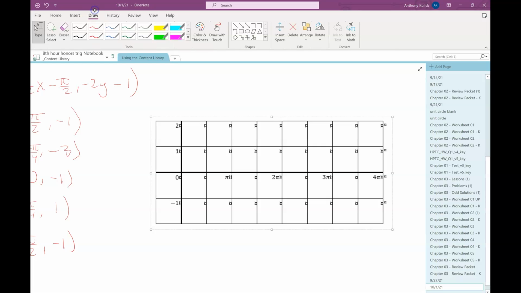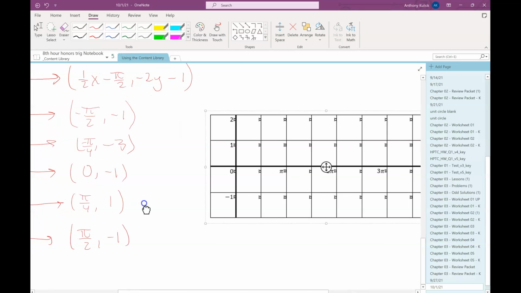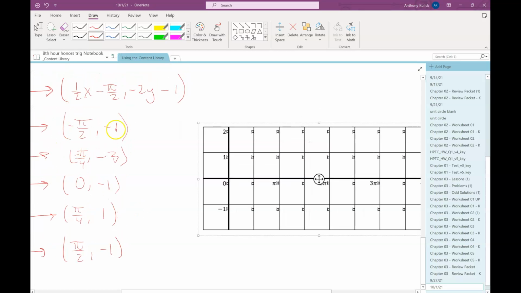So let's go ahead and plot our points on this. This will be similar to what the worksheet format looks like that I'll ask you to graph on. So negative pi over 2 and negative 1. Notice each grid line is pi over 2, right? So this over here has to be negative pi over 2. That's negative 1.